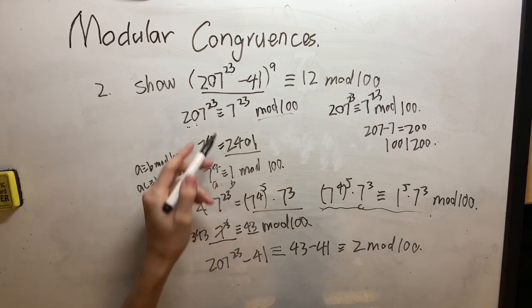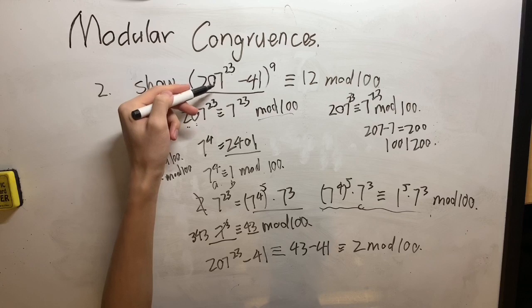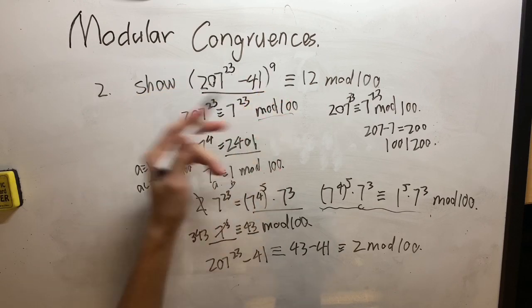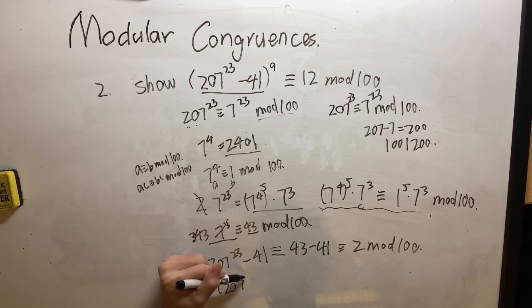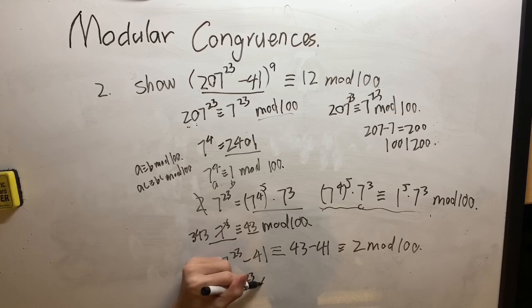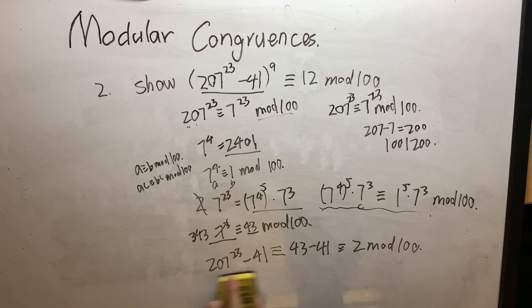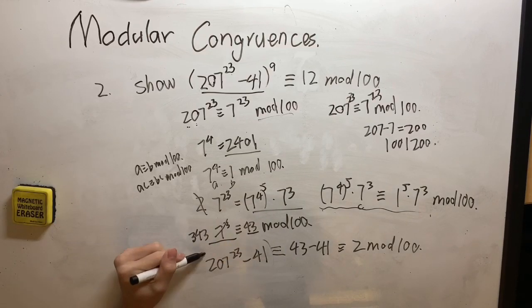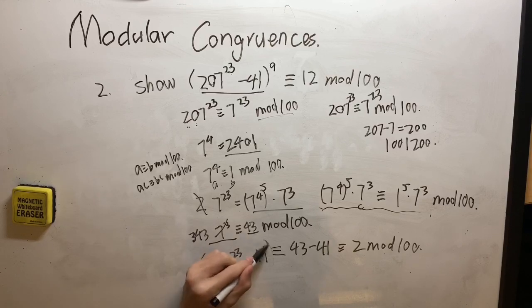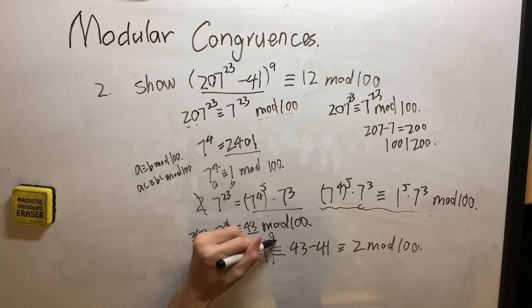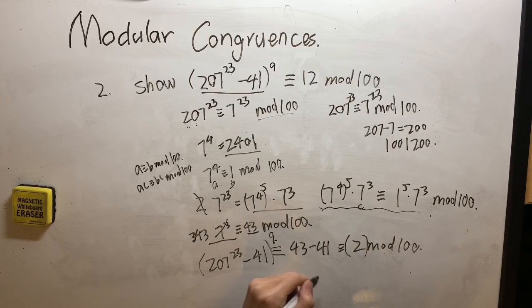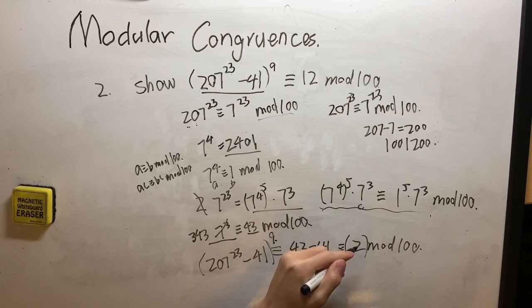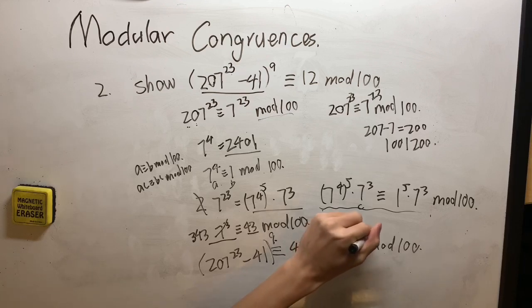Thus, we have changed this whole number to 2 in congruences, which means that 207 to the 23 minus 41, let's just do it right here. So basically, we made this whole thing to the 9th power, and 2 also needs to have a 9th power on it.